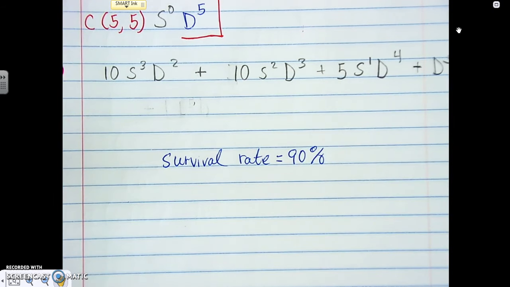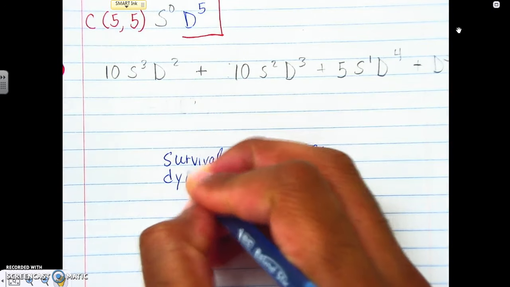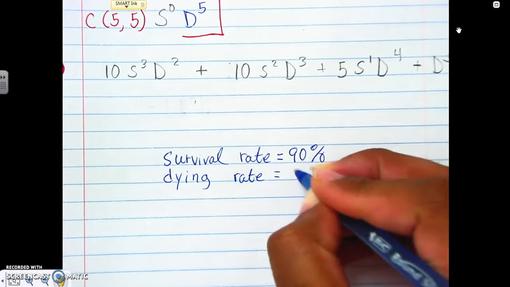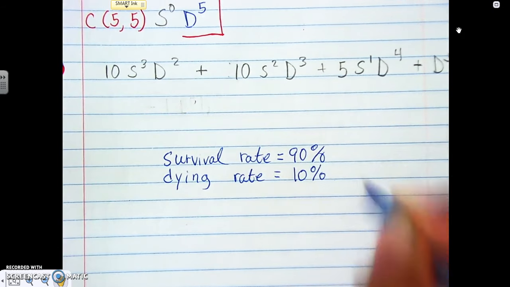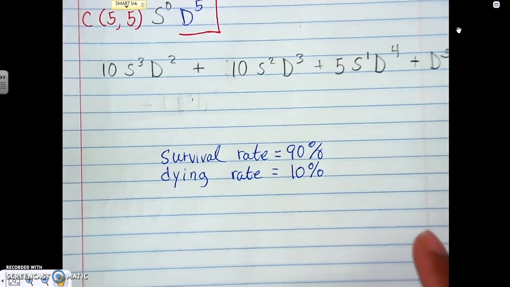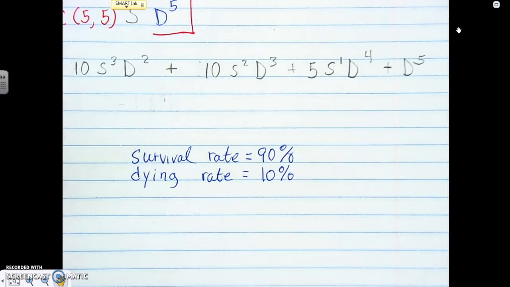Now, if that's our survival rate, what would the dying rate be? And like we said already, it's 10%, because we only can have 100% of something. So if 90% of it means it's going to be a survival rate, that means only 10% is the dying rate. So let's change these to the decimal.